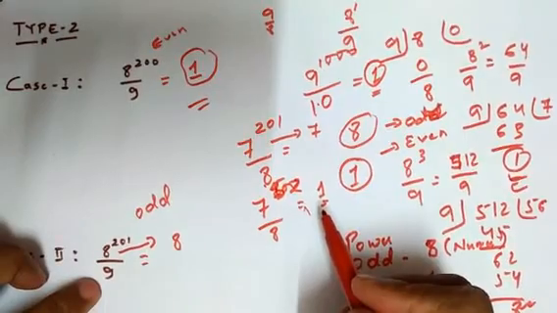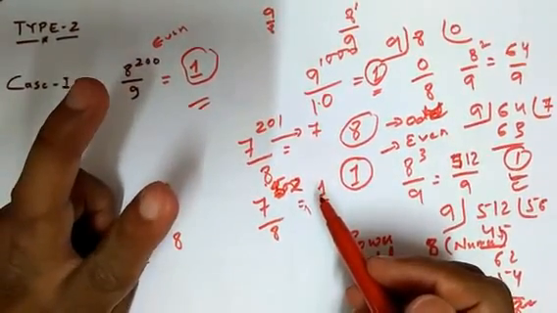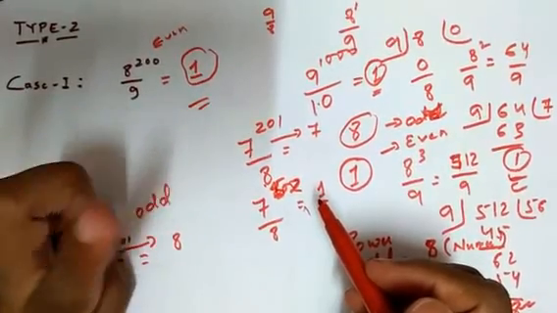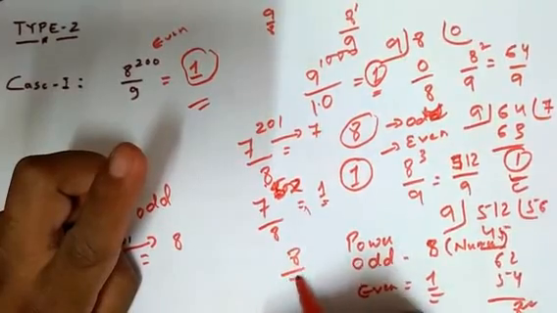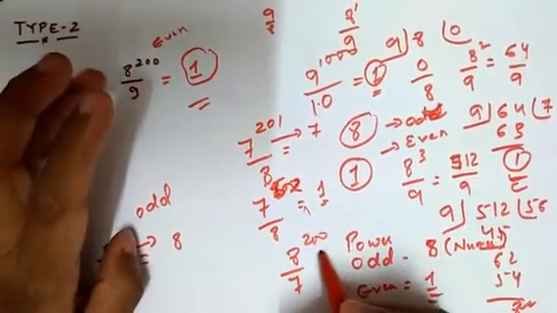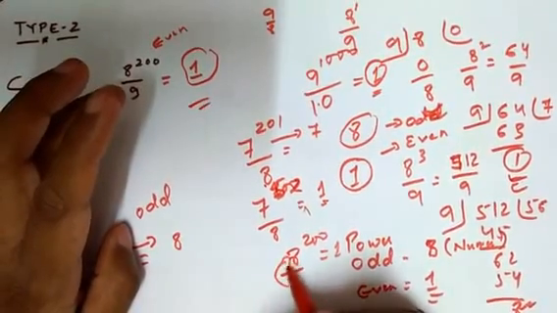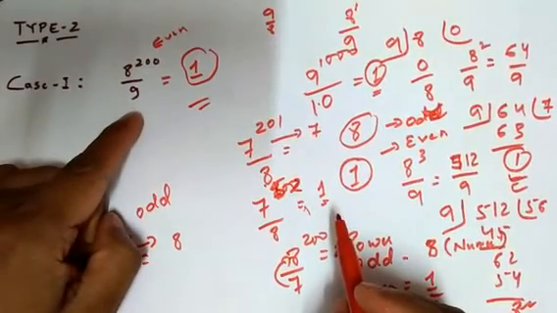So the answer will be only 2 possibilities, either the numerator or 1. In one case, if the numerator is greater, like 8 by 7, whether the power is 200, 201 or anything, the answer will be 1. But the answer is twisted when the denominator is greater.